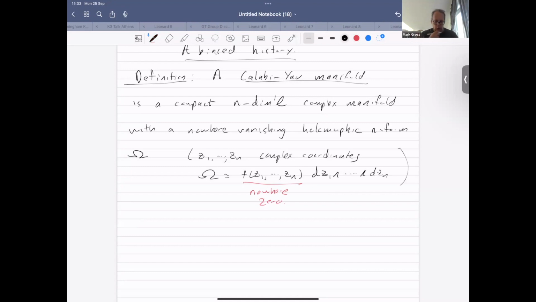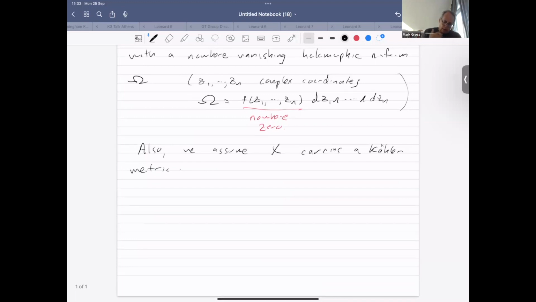Now, usually we'll be assuming that the Calabi-Yau manifold carries a Kähler metric. Okay, and why might one, as a physicist, care about these things? In particular, three-dimensional Calabi-Yau threefolds provide compactifications of superstring theory.